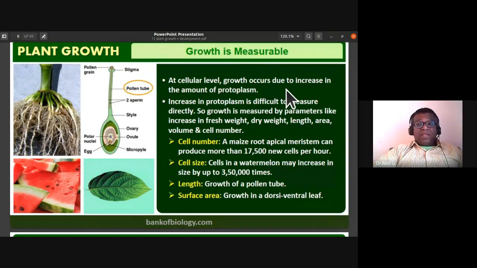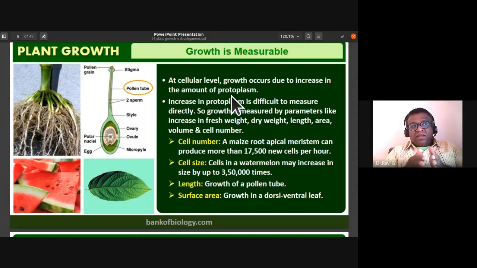Before the growth could take place, the interphase stage you have noticed, that is G1, S and G2 phase. So they form the interphase stage, isn't it? At cellular level, growth occurs due to this interphase in which there is an increase in the amount of protoplasm. When I'm talking about protoplasm, it includes cytoplasm and nucleus.